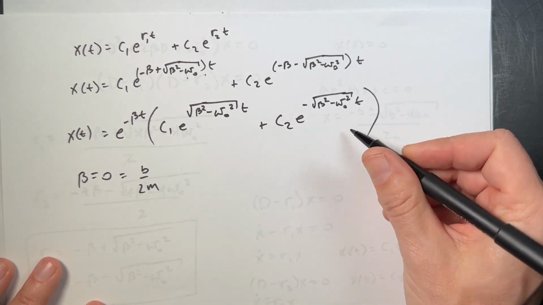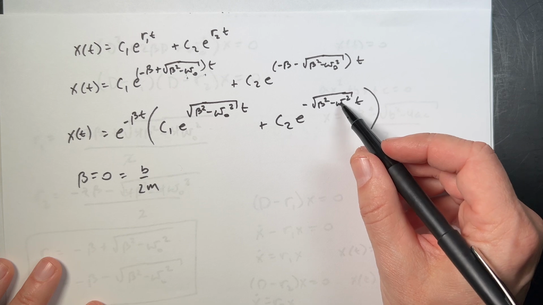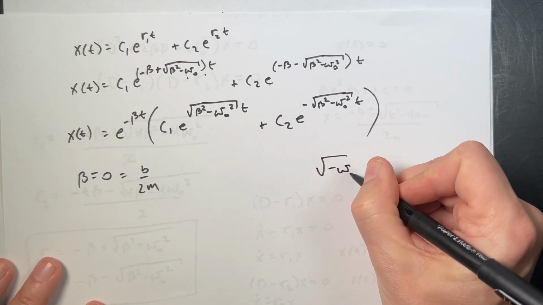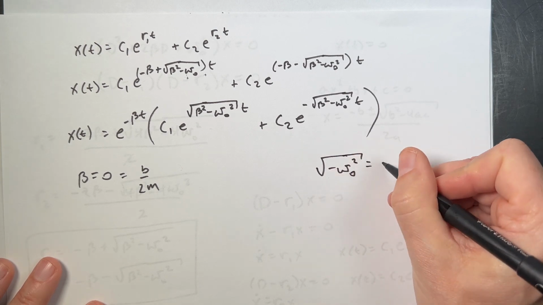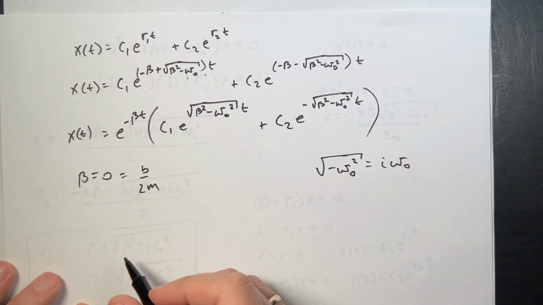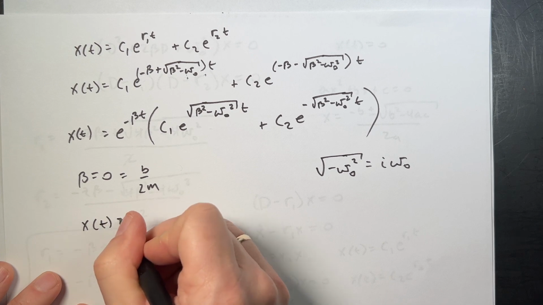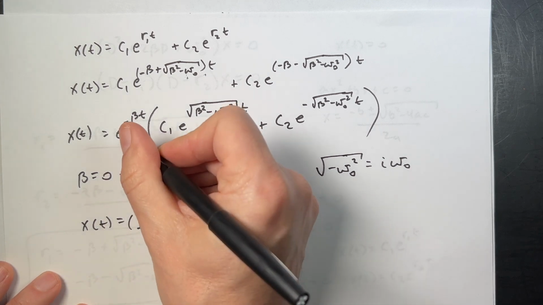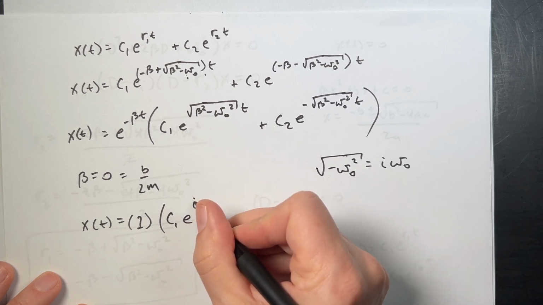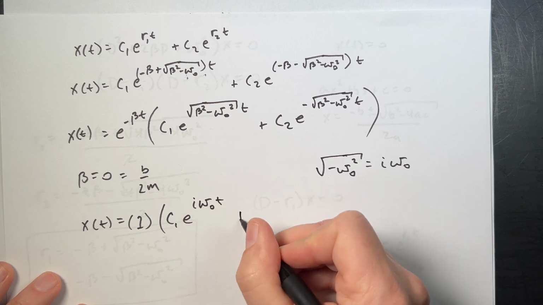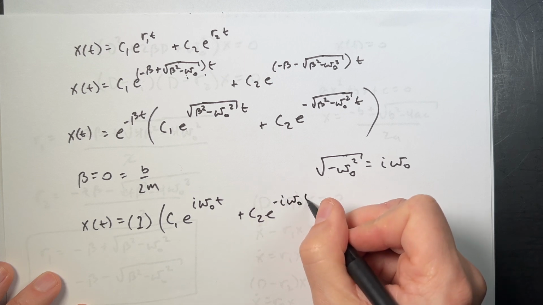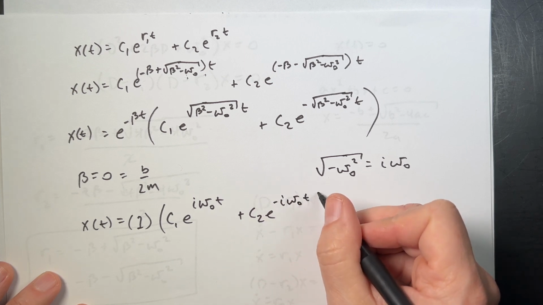And so the square root of negative omega naught squared is just going to be i omega naught. So I can write this, if b is equal to 0, x as a function of t is 1 times c1 e to the i omega naught t plus c2 e to the minus i omega naught t.